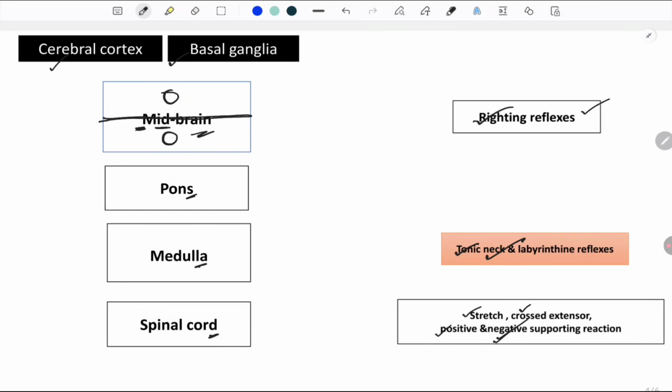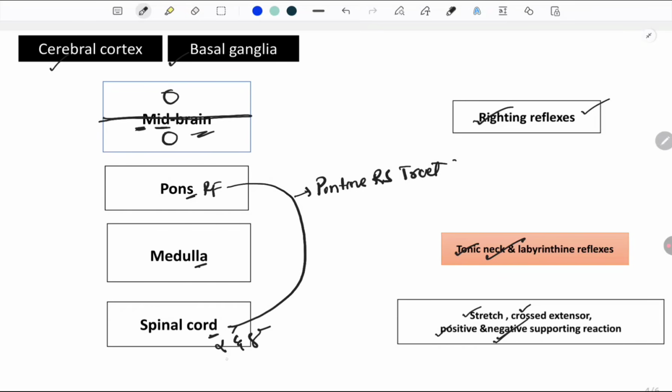Next important point. In the pons, there is a reticular formation from which arises a tract called the pontine reticulospinal tract. So what's the name of this tract? It is called the pontine reticulospinal tract. This tract has a facilitatory effect on the alpha and gamma motor neurons present in the spinal cord.